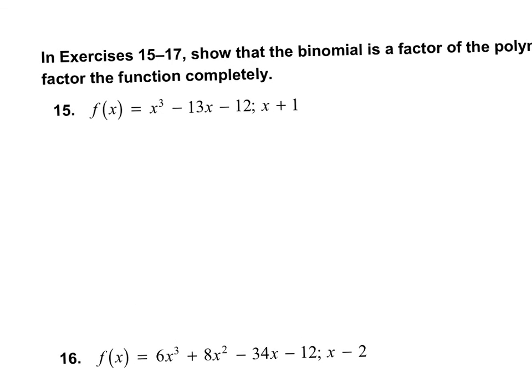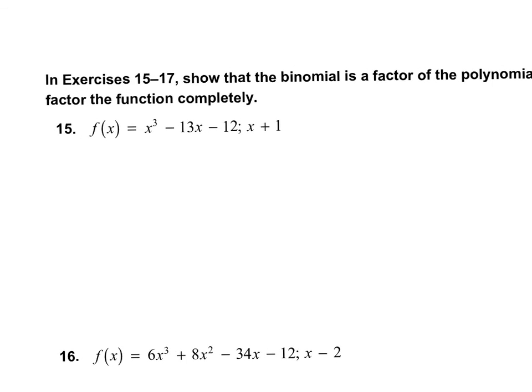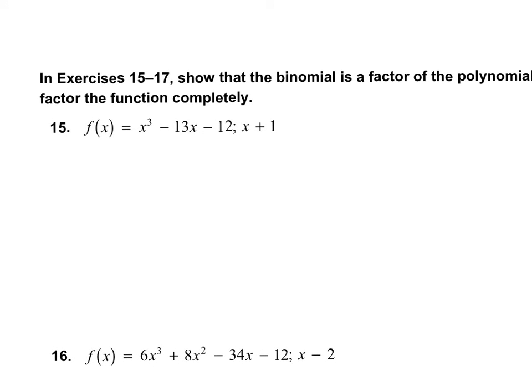So when you want to know if something is a factor or not, it says, is this right here a factor of this? You have one of two choices. You could factor that and see if x plus 1 is one of them, or use synthetic division and see if you get a remainder of 0.